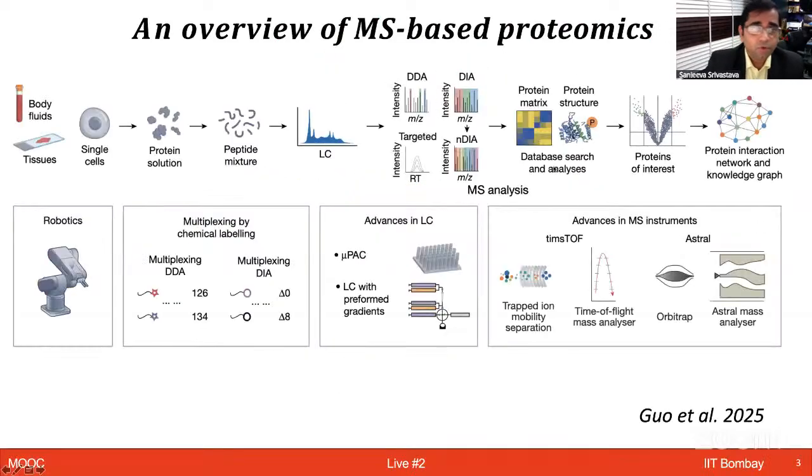But then moving forward, the idea was, can we take the samples, whether coming from tissue, body fluids, or any kind of biological sample, and rather than separating them on the gels, can we directly separate them with different properties using mass spectrometry? So use different types of chromatographic principles followed by mass spec analysis. So that became the shotgun proteomics approach.